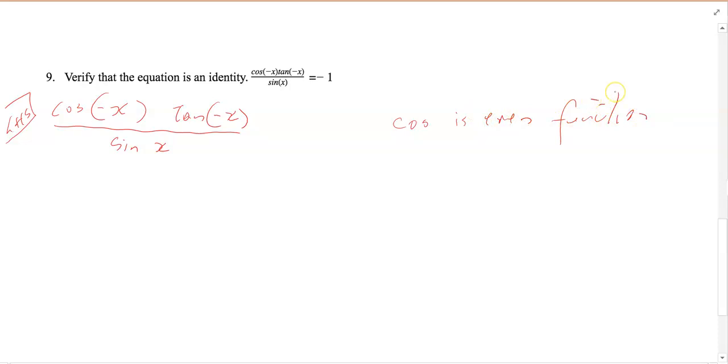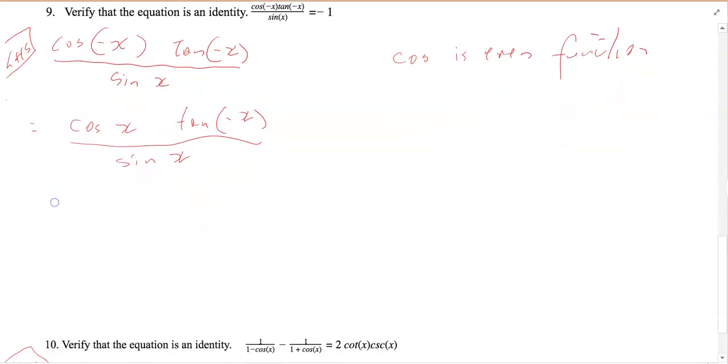So because cos is an even function, cosine of negative x becomes cosine of x. So cosine of x times tan of negative x over sine of x. And then tan of negative x, we can write as the negative tan of x.